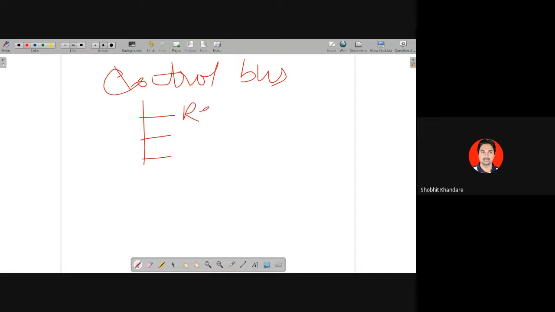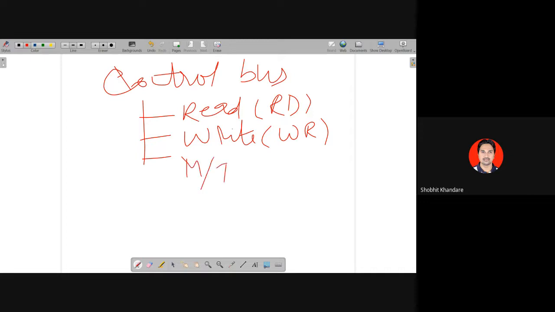That is read, in short called RD. Write, in short called WR. And the third one is M/IO bar, that is memory or IO device.